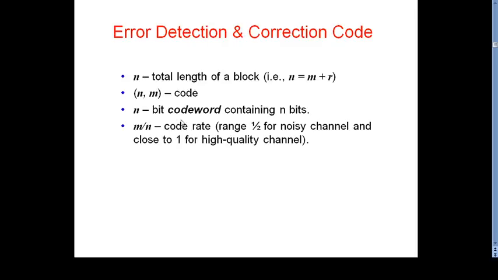An n-bit code word contains n bits. M divided by n is the code rate. The range is about 1/2 for a noisy channel and close to 1 for high quality channels. So this will be asked in your exam: what is the code rate for a noisy channel? It is 1/2, and for a high quality channel, it is equal to 1.